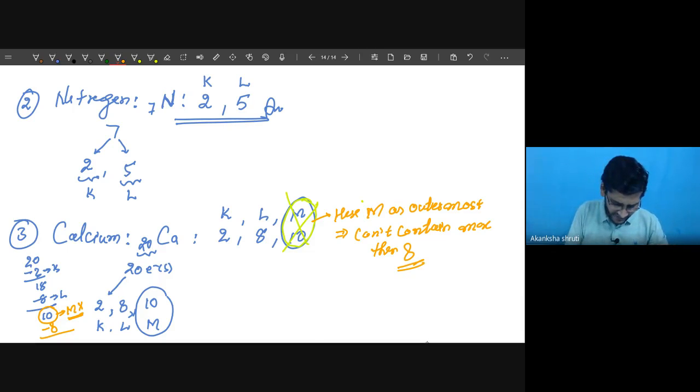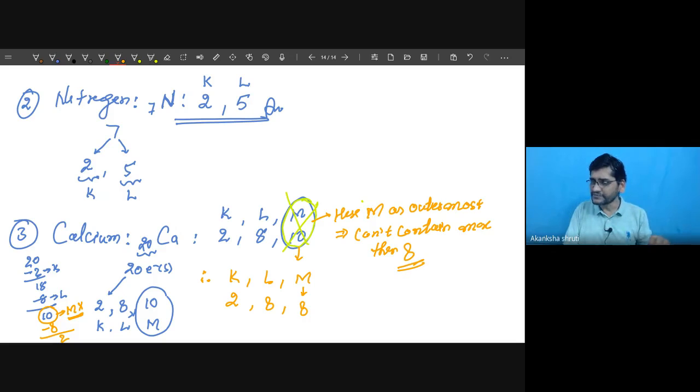Then it will still be left with 2. Therefore, the corrected electronic configuration is like this. K, L, M, let us keep up to this much: 2 in K, 8 in L, and how much shall we keep here? 8 only.